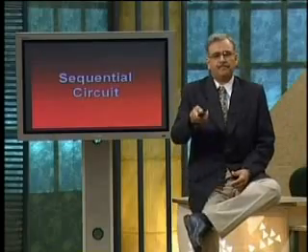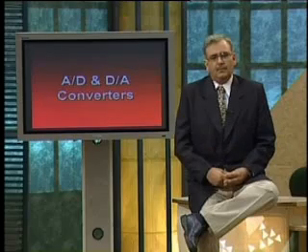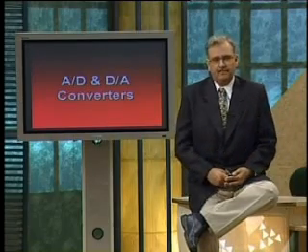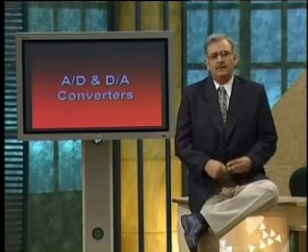Let us take an example of an industrial plant. In the diagram, we see a chemical reaction vessel in which a chemical reaction is taking place. The vessel is being heated to expedite the reaction.